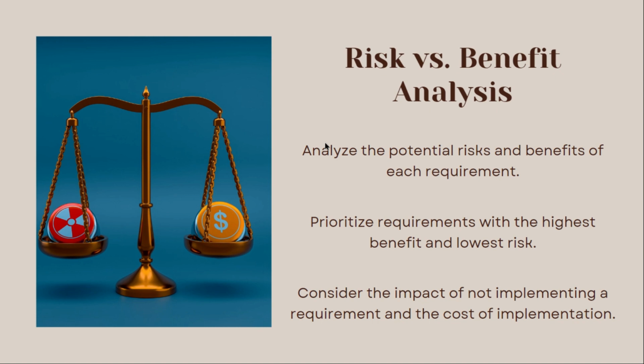But it is not always true, because if you have some risky project or some project where you need to have requirements coming from regulatory requirements, then these metrics are slightly different. But all in all, for other projects, you can certainly evaluate risk and benefit analysis of each requirement, then present it to the stakeholder, and then prioritize the requirements. So the lowest risk, highest benefit will take the priority.